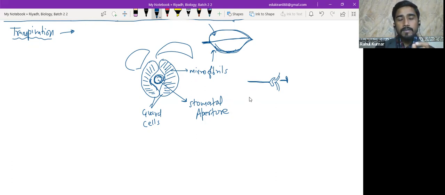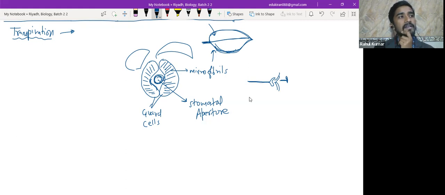The stomata also plays a major role in exchange of gases. So when it is opening, apart from evaporation of water, it's also causing gas exchange.